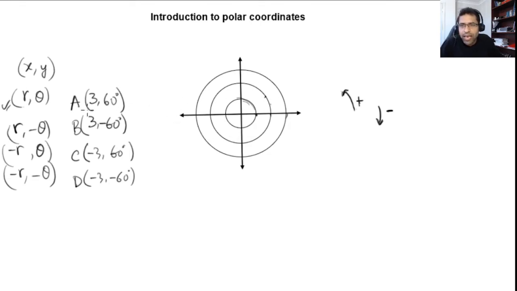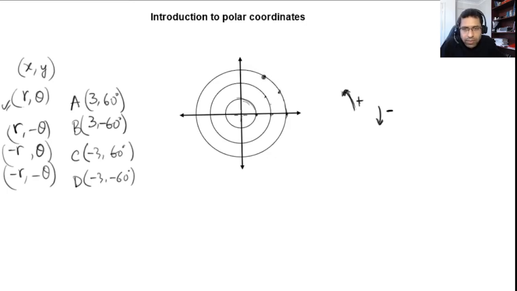So now you can see A is (3, 60), so 1, 2, 3. This is our radius 3, because we are considering this as radius 1, radius 2, radius 3. So this is our radius 3, 60 degrees. As I said, when you are going with a positive angle, you have to go in the anti-clockwise direction. So if you go anti-clockwise to 60 degrees, it's 60 degrees, not 30 degrees, so somewhere here, right?